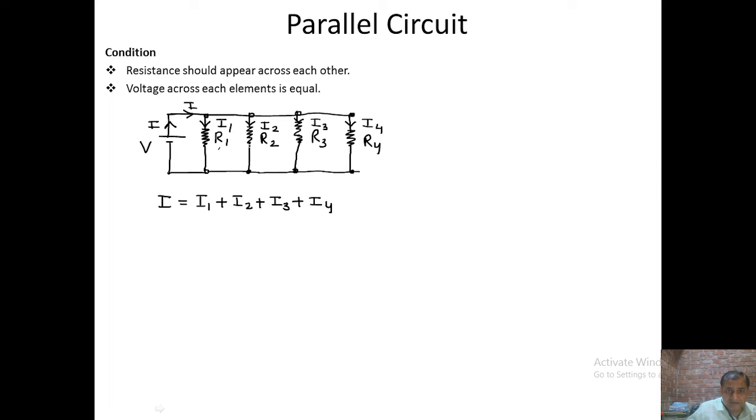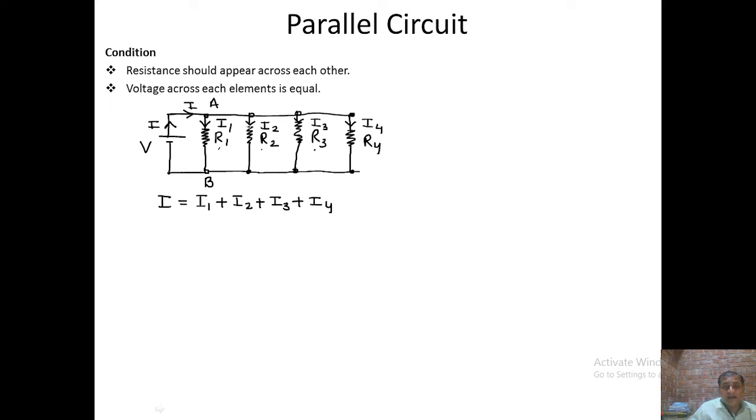So these resistances R1, R2, R3 and R4 appear across each other because one point of R1 is connected to junction A, and the other point is connected to junction B. In the same way, one point of R2 is connected to junction A and the other point to junction B. R3 is also connected to junction A and its other point to junction B. And one point of R4 is also connected to junction A and its other point to junction B.